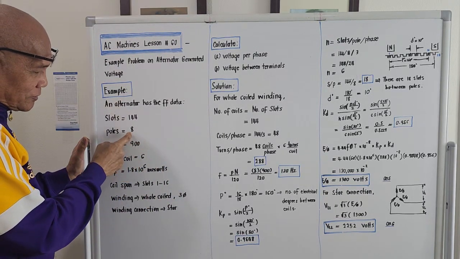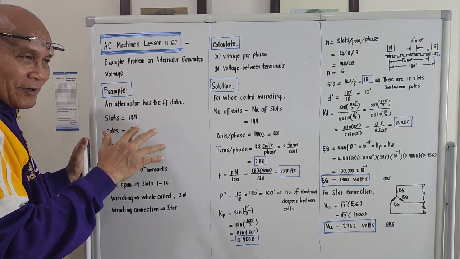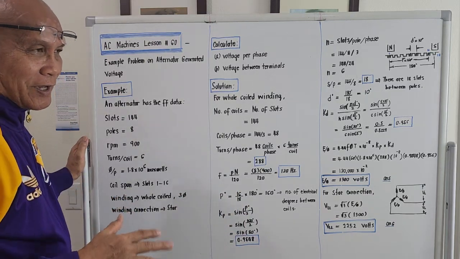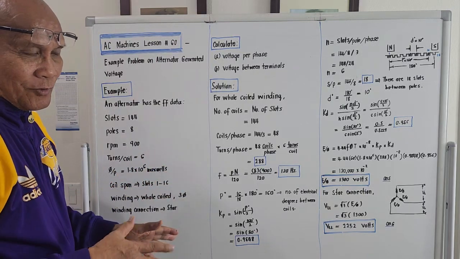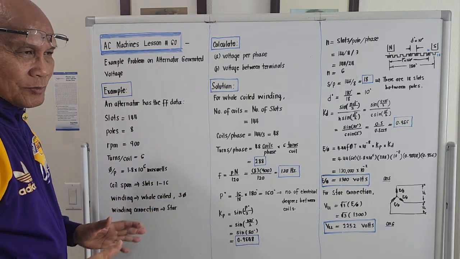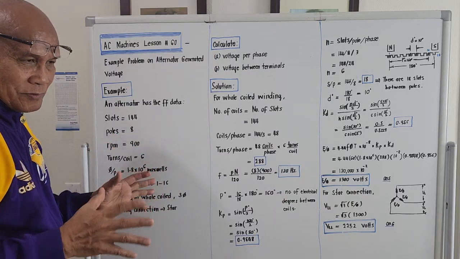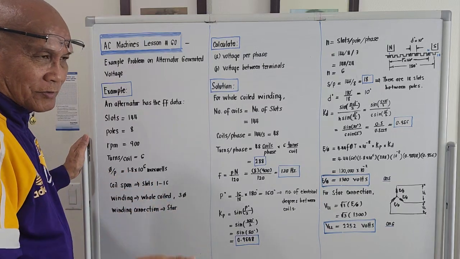Because if this was a 36 pole alternator, it's a very big alternator and we could not accommodate the high speed of that alternator because we would have a problem with the so-called machine foundation. So we will just be balancing on the characteristics of the alternator, so we will not concentrate much on the machine foundation.